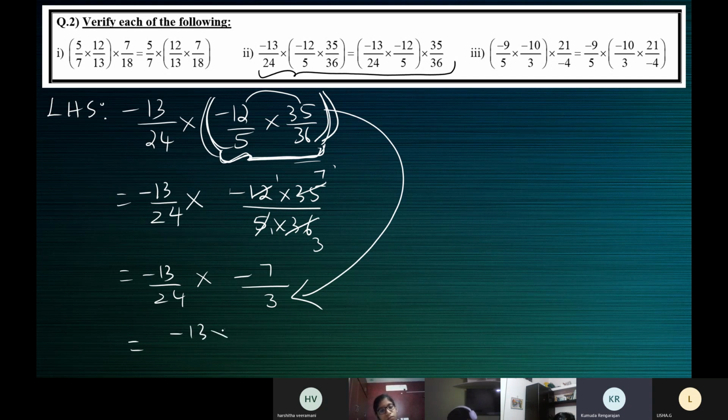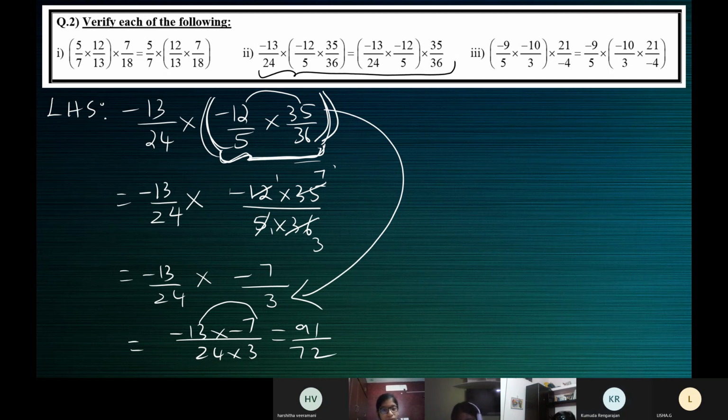We multiply the numerators, we multiply the denominators. And again simplify if it is possible. If it's not possible, simply multiply. 13 7s are 91 by 24 3s are, I think it is 72. I hope my calculation is right. Please check, but this is the procedure.